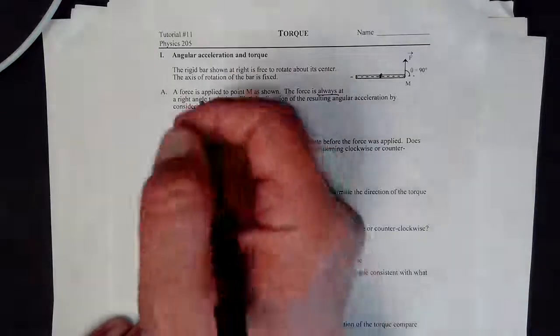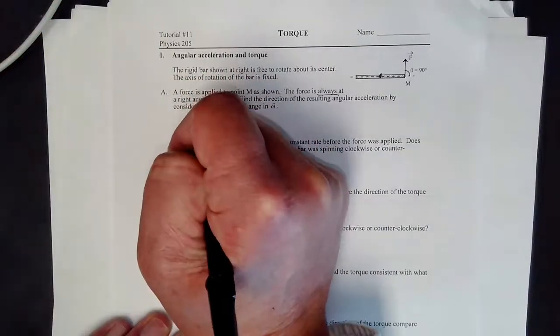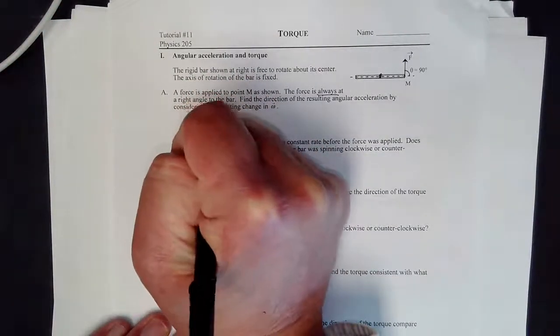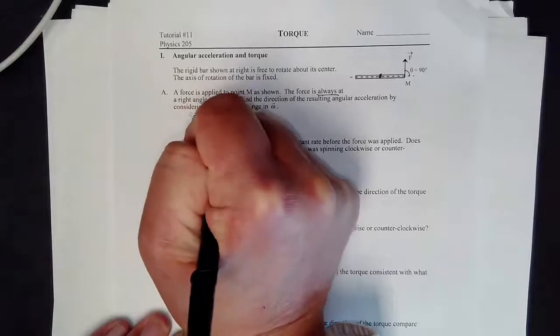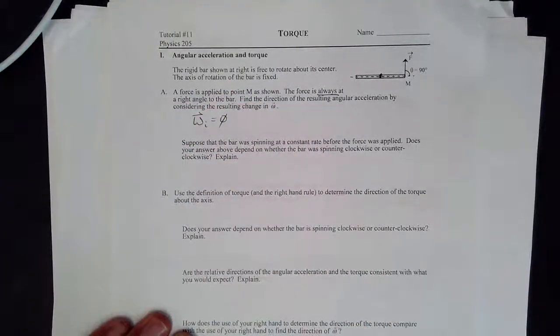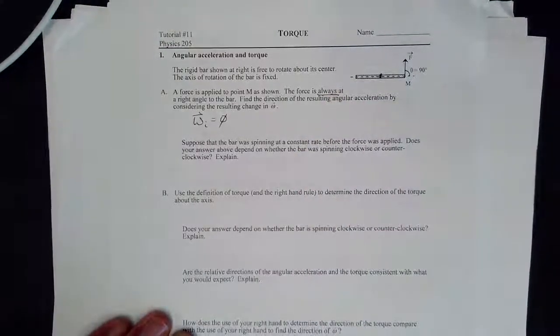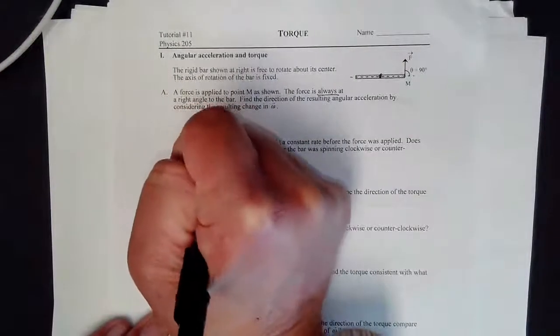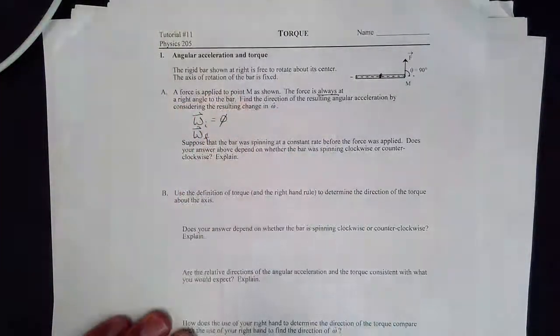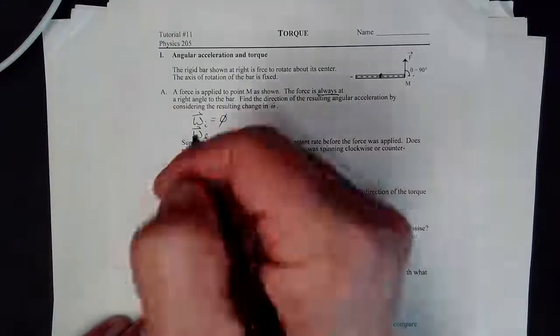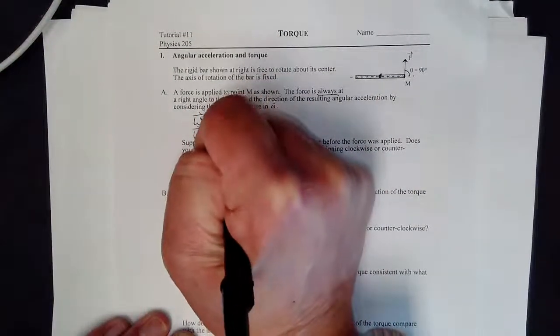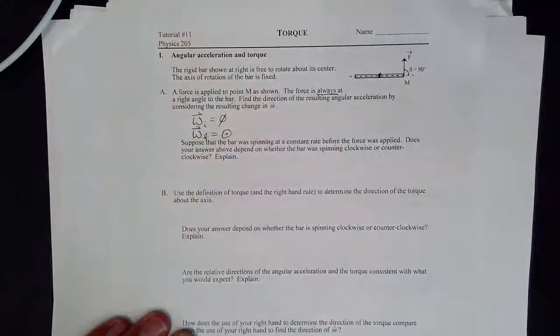Well, we start out with an initial omega that's 0. It's not turning. And we know that this thing's going to cause the bar to rotate counterclockwise. And that means, by right-hand rule, I'm going to have an omega that is out of the page.